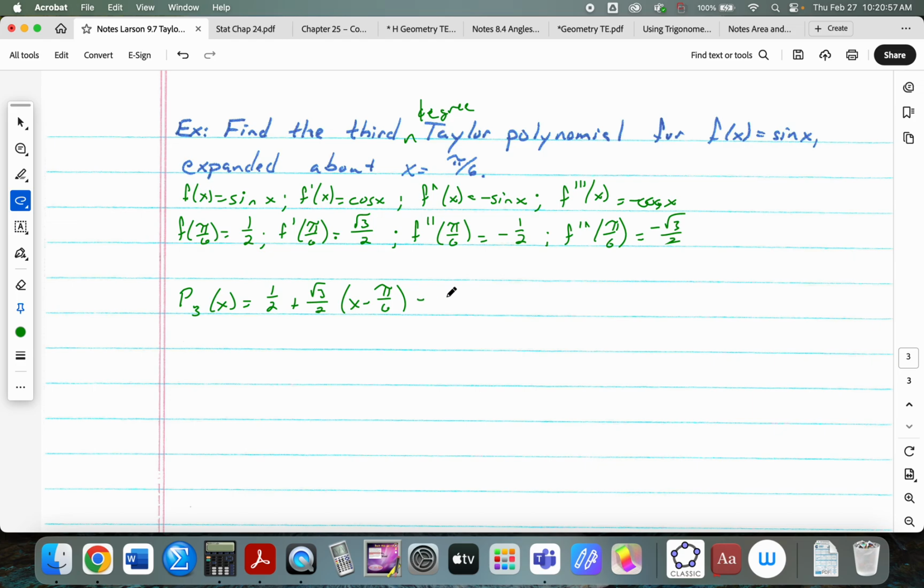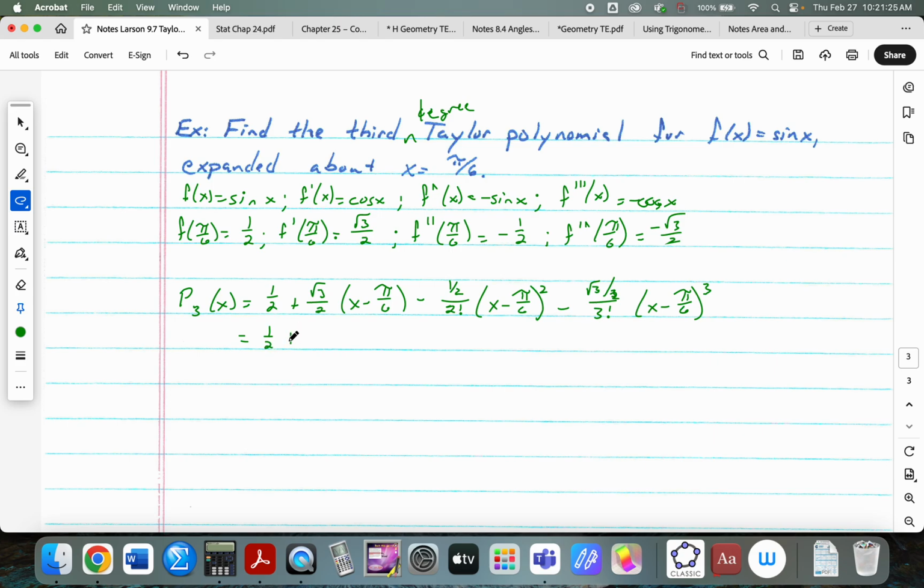Then minus 1/2 over 2 factorial times x minus pi over 6 squared, minus square root of 3 over 2 over 3 factorial times x minus pi over 6 cubed.